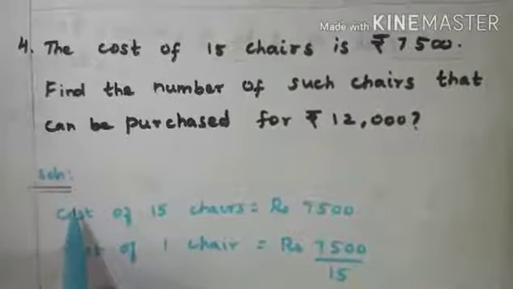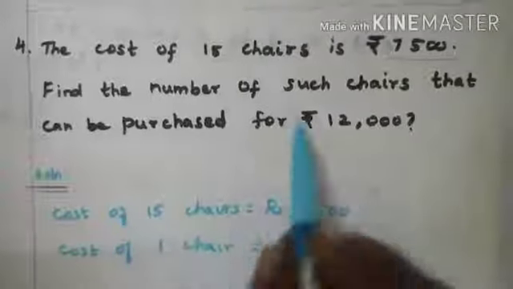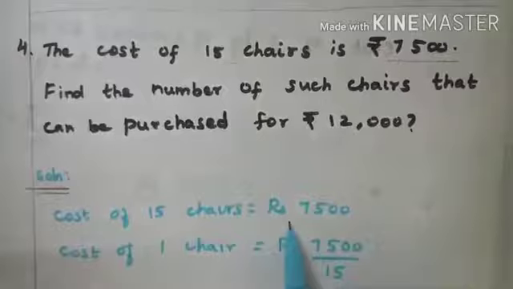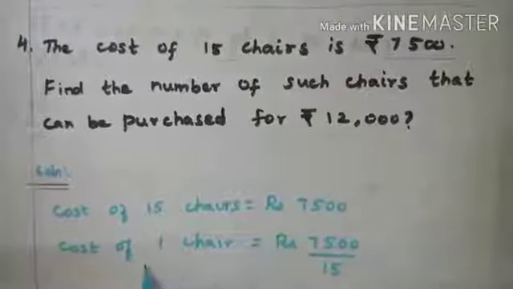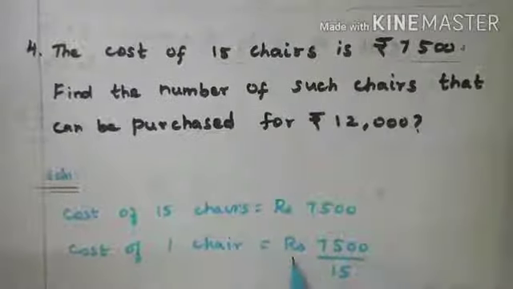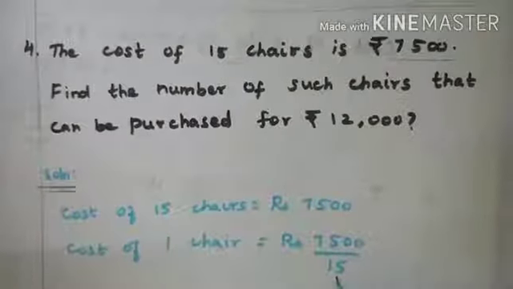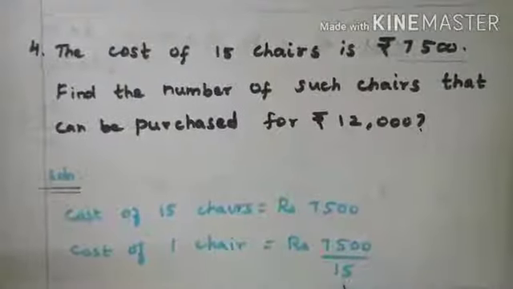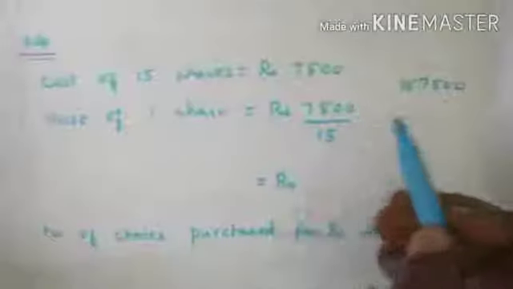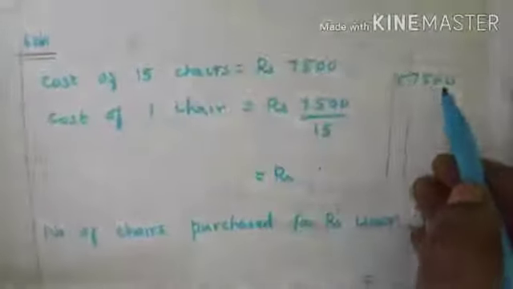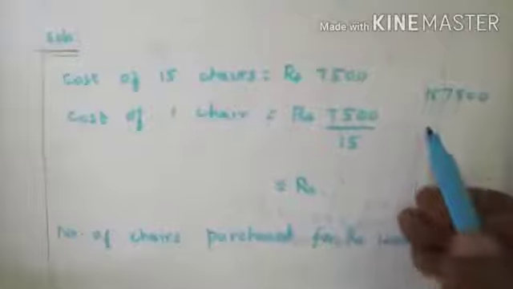So see here, solution. The cost of 15 chairs is rupees 7,500. The cost of 1 chair is rupees 7,500 divided by 15. Now we are going to divide 7,500 by 15.